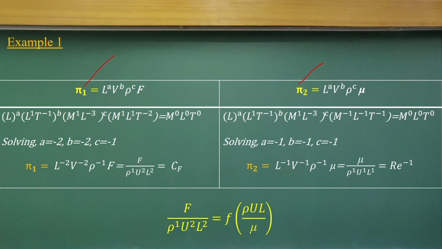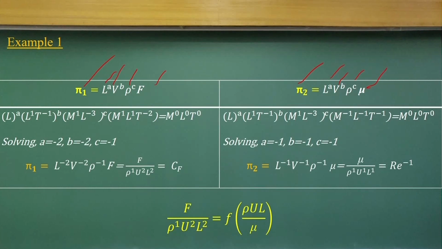So, I can take 3 variables, the length, velocity and rho, and these are called the repeating variables. Length, velocity and density are the repeating variables, and I combine them with the force F. Similarly, length, velocity and rho are the repeating variables, and then I substitute the mu value.